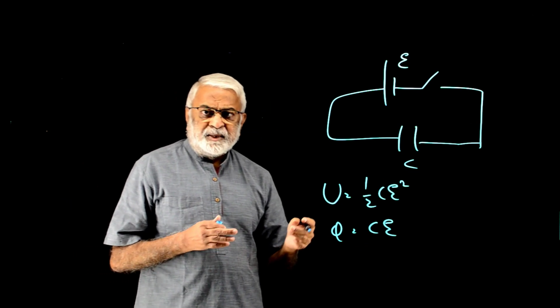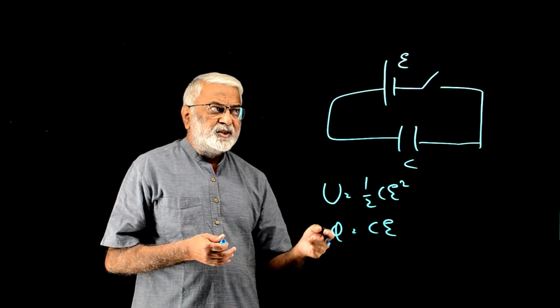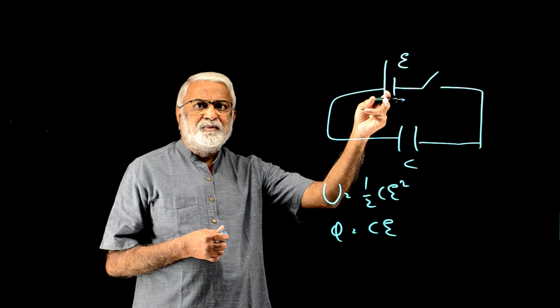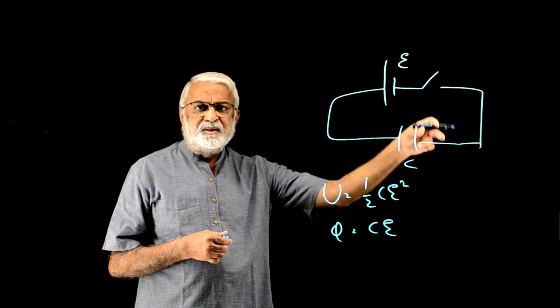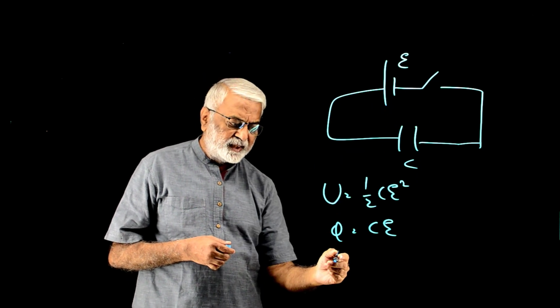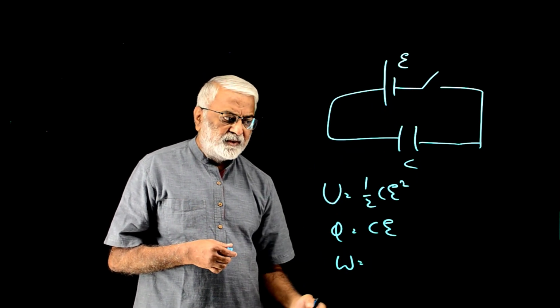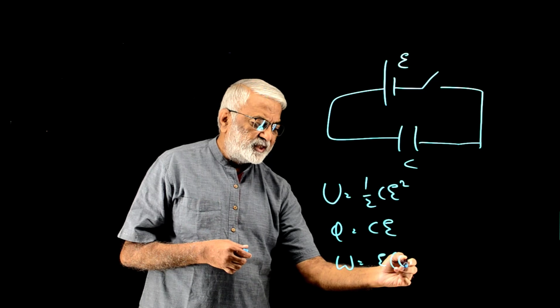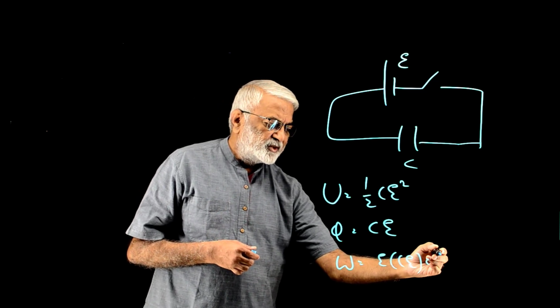Now work done by the cell in building up this charge is, what is EMF E? The work done per unit charge as it is circulated by this cell. It's circulated charge of Q, so work done by this cell would be E into CE, which is CE squared.